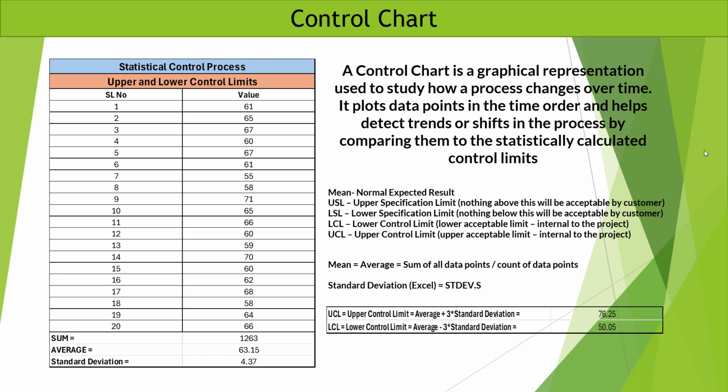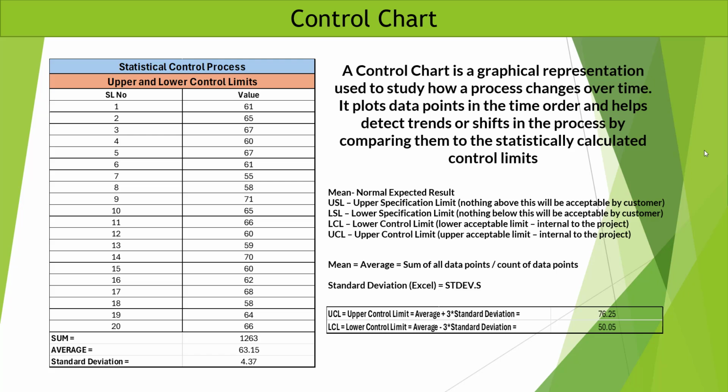For standard deviation, I have taken help of Excel, and the formula used here is STDEV.S, and that gives you the standard deviation of 4.37 against all these 20 different data values. So standard deviation basically gives you an idea of the range in which the values are deviating on the upper side as well as on the lower side, right?